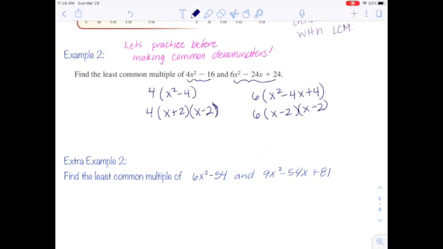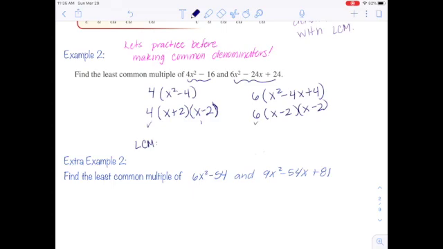Now, you need to find the common denominator, which they call the least common multiple. So you want to take one of each of the factors, and if there's a factor that's repeated, take the bigger one. Let's start off.